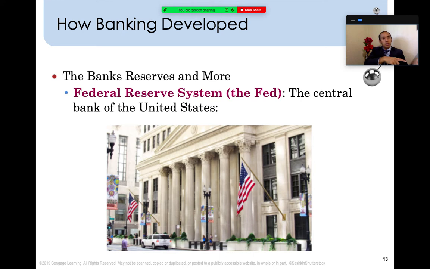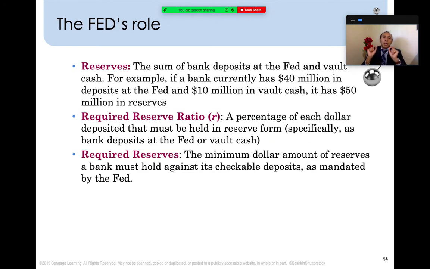The banks themselves have to report to the Fed and deposit funds with the Federal Reserve banking system. And if one of the small banks or a commercial bank collapses, the Federal Reserve could step in and help them out. So the Federal Reserve is a very important financial institution that helps facilitate the financial structure of the United States.